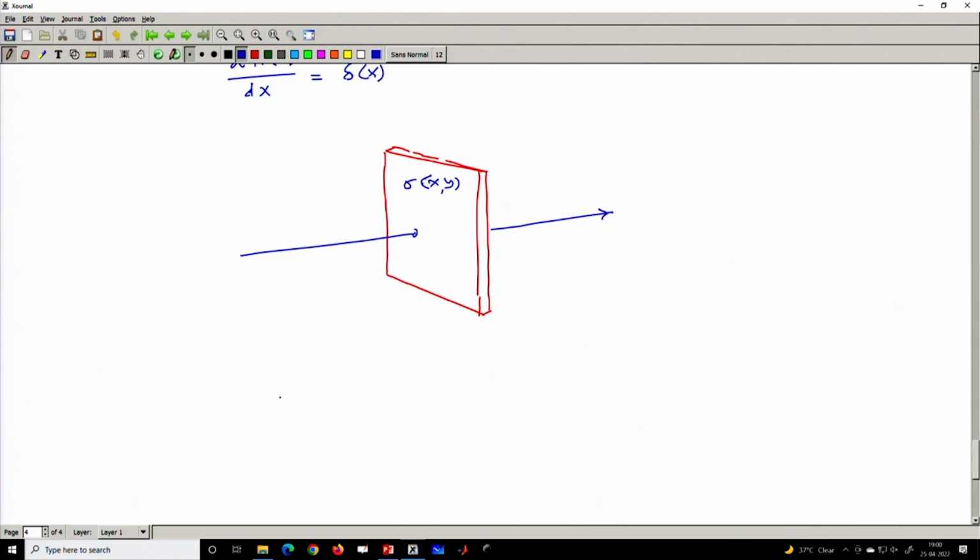This is my z direction. This is the left hand side, which I write as L, and this is the right hand side, which I write as R.